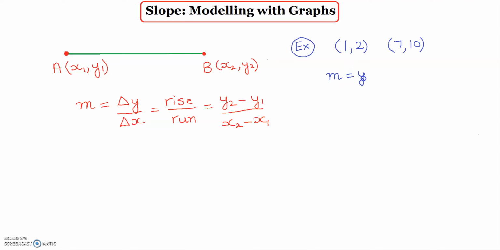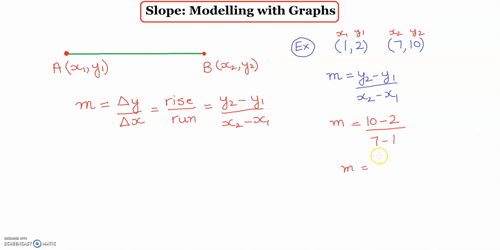The formula is y2 minus y1 over x2 minus x1. I would suggest you label the points: this is x1, y1, this is x2 and y2. So instead of y2, I will substitute 10. Instead of y1, I will substitute 2. Instead of x2, I will substitute 7. Instead of x1, I will substitute 1.